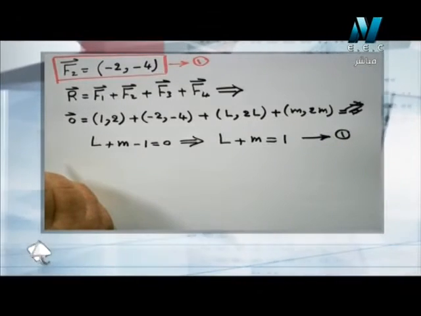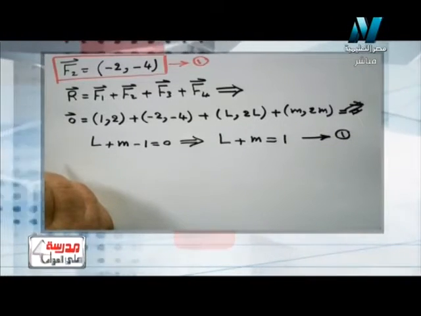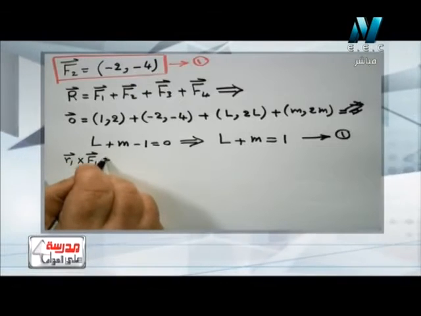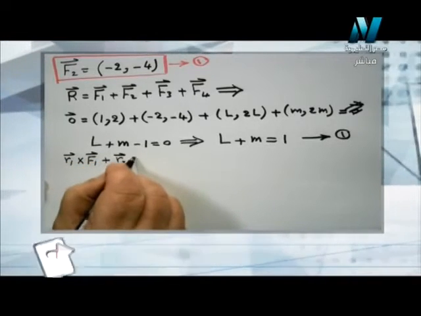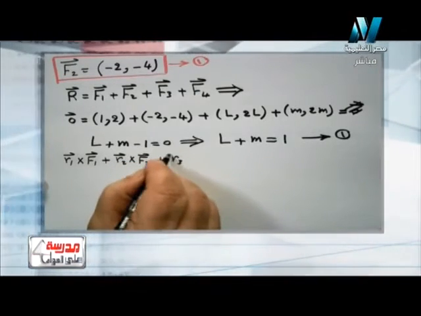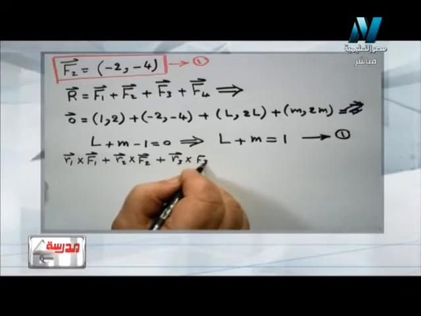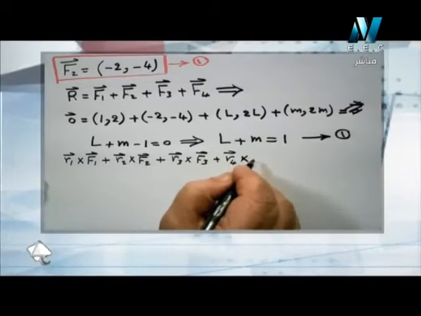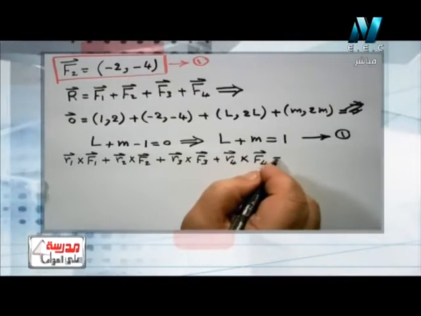And also الأهم بقى, the algebraic sum of moments of these forces around any point equals 0, because they are in equilibrium. يبقى بالتالي لما اشتغلها فيكتورز يبقى عندي R1 vector cross F1 vector plus R2 vector cross F2 vector plus R3 vector cross F3 vector plus R4 vector cross F4 vector equal 0 vector.